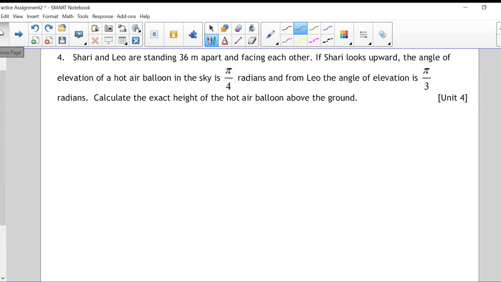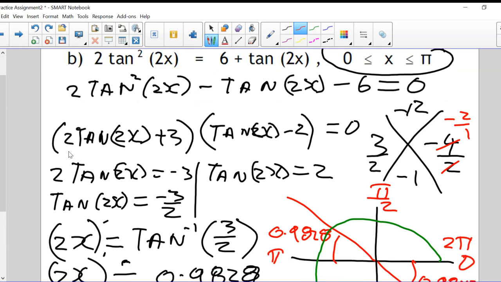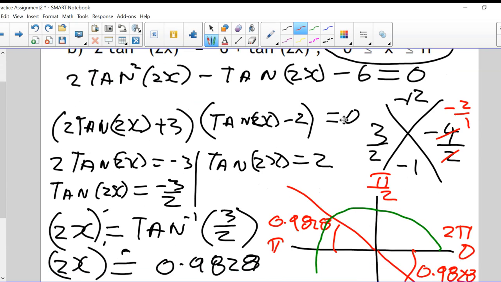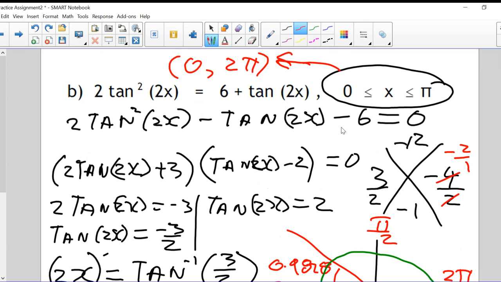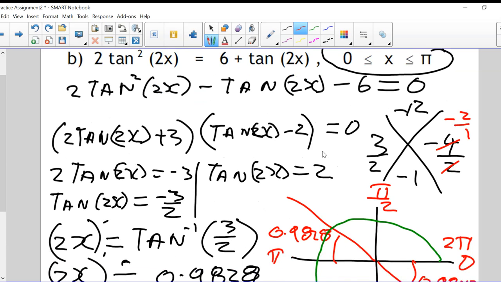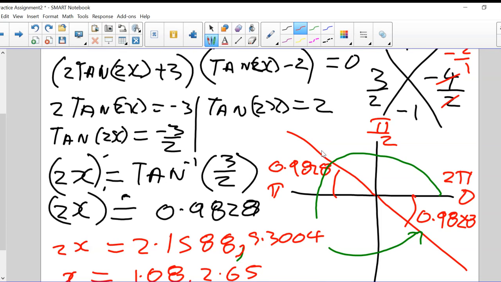Skipping part 2. What's the part 2 that we're talking about? We didn't do the other one. Oh, the other equation? Aren't there 2 more answers? Tell me why you think there are 2 more answers. Tan 2x equals 2, yeah.